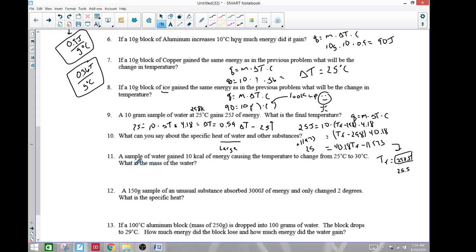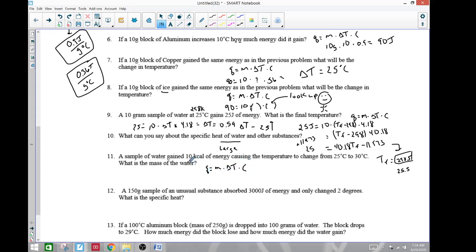The sample of water gained 10 kilocalories of energy, causing the temperature of water to change from 25 to 30. What's the mass of the water? Okay, so again, Q equals mass times change in temperature times specific heat.